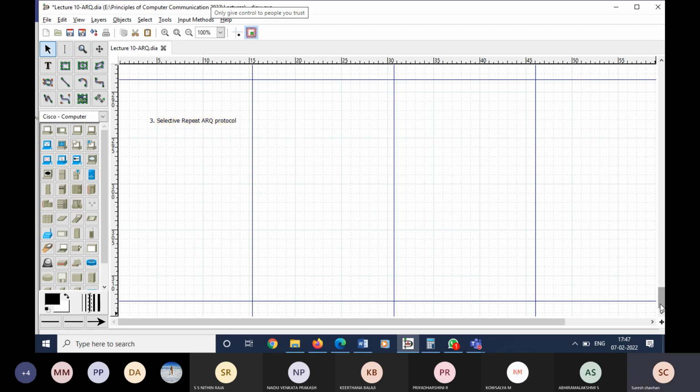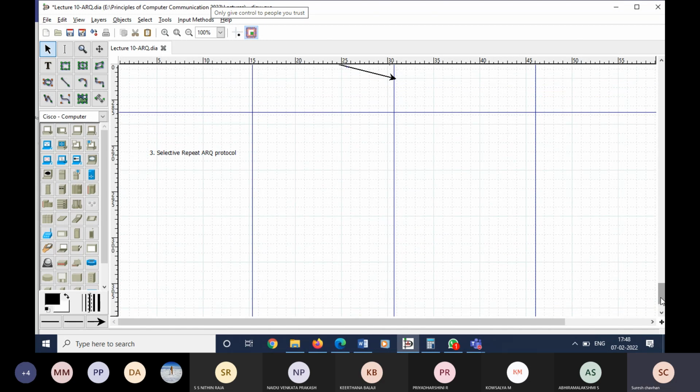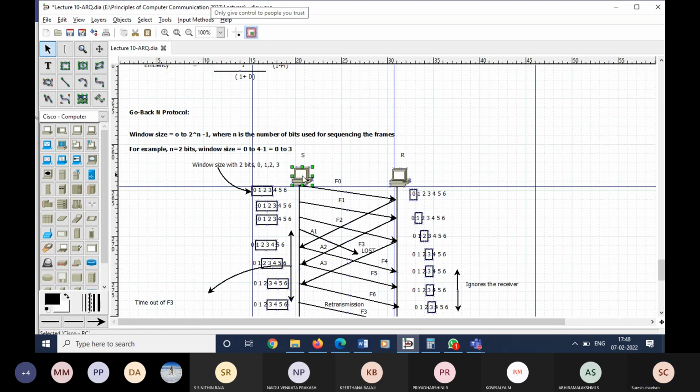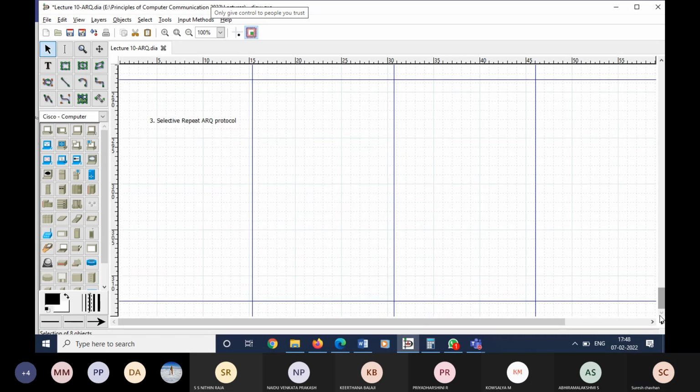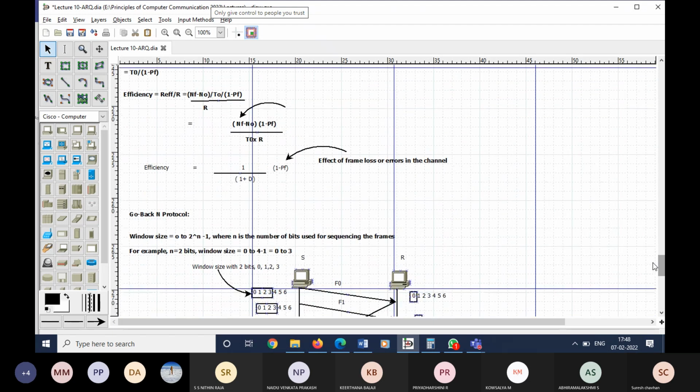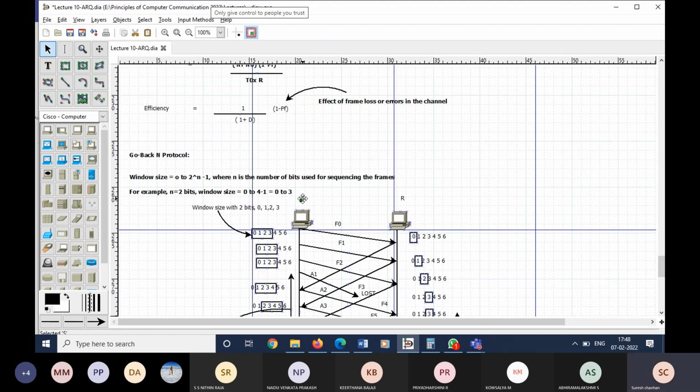I'll take this part so that I can show you one simple example. So I'll select source, time and window.